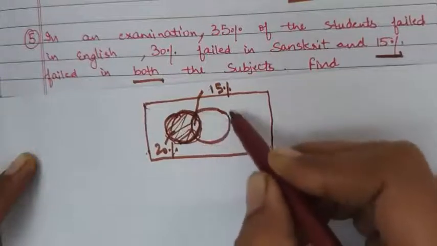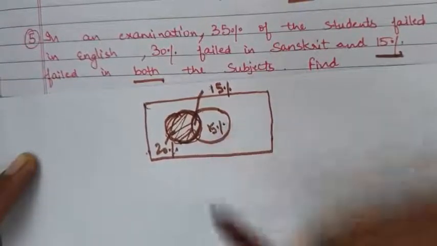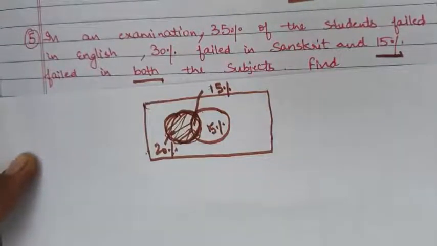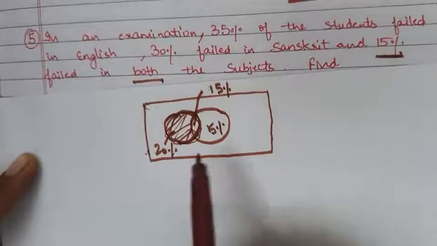So 30% minus 15 will give you 15% of the students who failed only in Sanskrit. Clear?